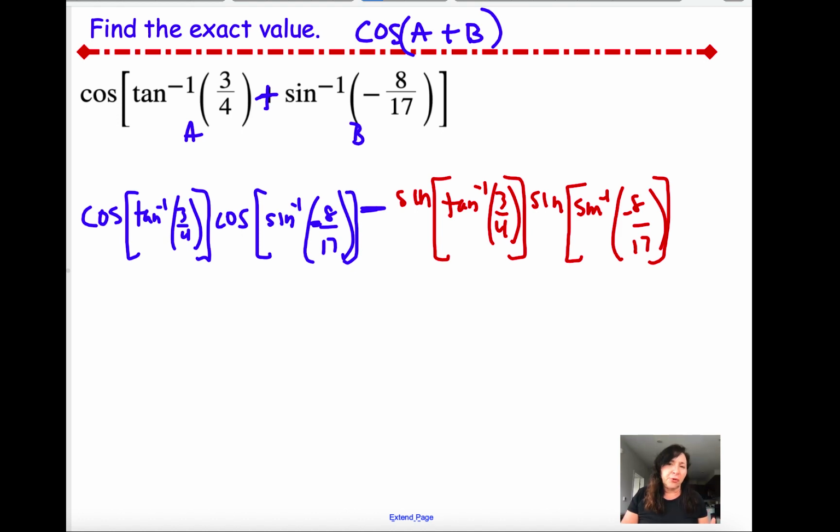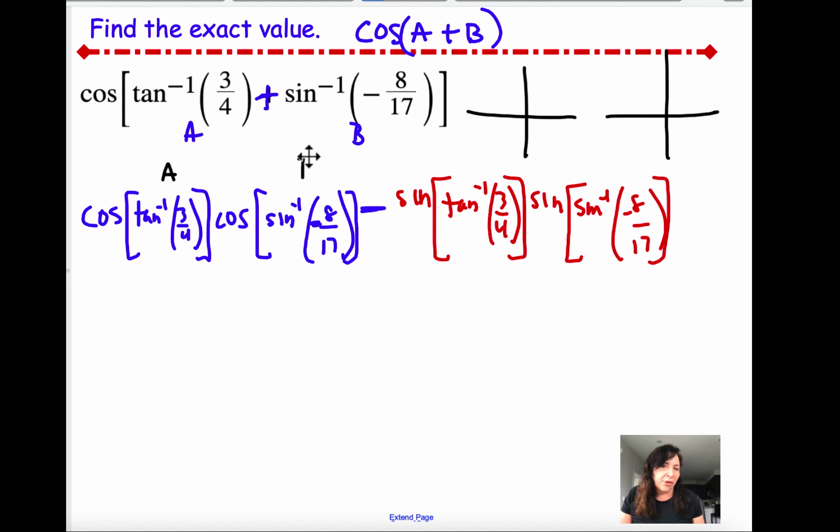But just for fun, and not everybody has to do this, but I'm going to make my two angles because I want an angle that's going to represent the A, and I want an angle that's going to represent B, which is the sine and the tangent. So the A value, here's my B value. So the A one is saying, where is tangent 3 over 4? And so I'm going to say within, remember, it's a restricted domain, tangents in the first and fourth quadrant.